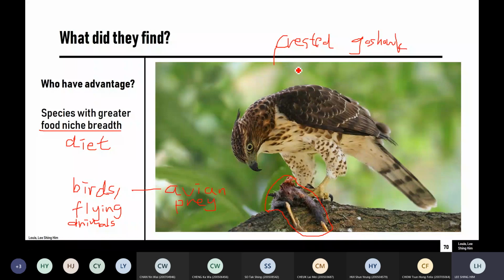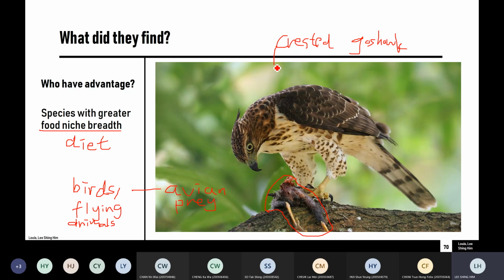But for this 鳳頭鷹, or in Taiwan they call it 鳳頭蒼鷹, it can catch insects, it can catch small mammals, it can catch small birds, or sometimes it can catch other types of birds, like wild parrots, larger birds.